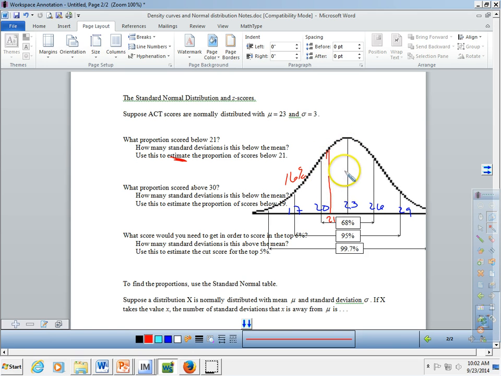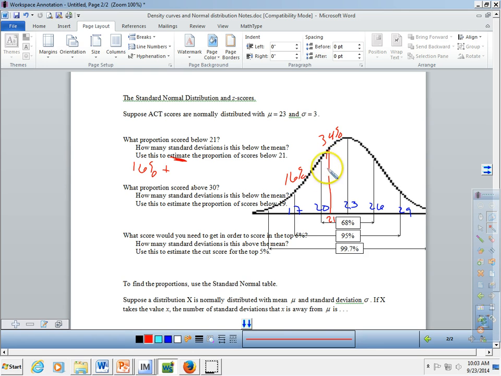So this would be thirds. Well, we do know that because of symmetry and because of the middle proportion being 68%, this area is 34%, right? So I could take this 16%, and then I'm going to have to add this sliver to it to get to 21.